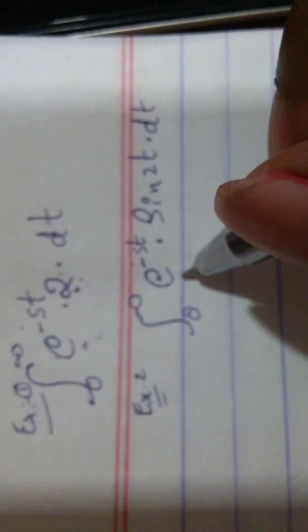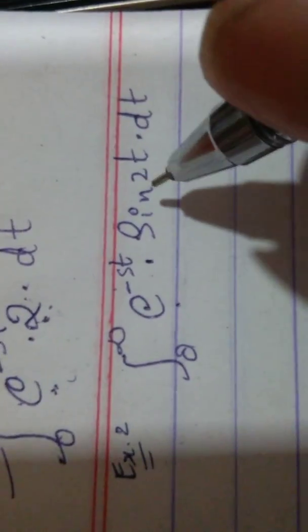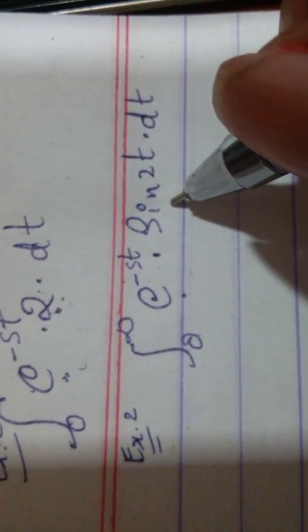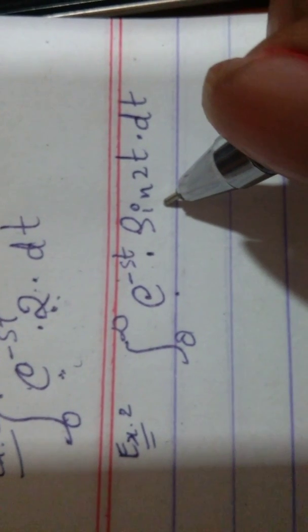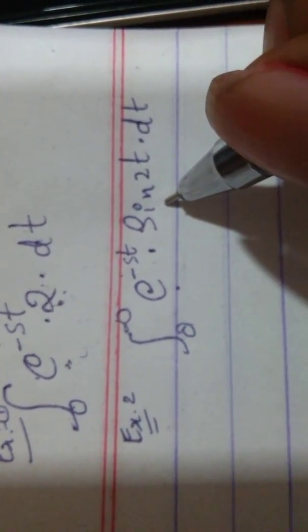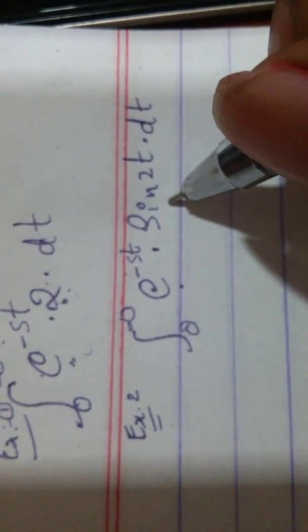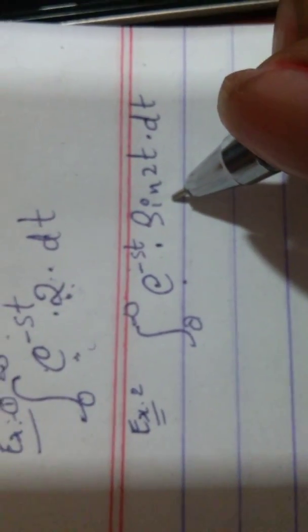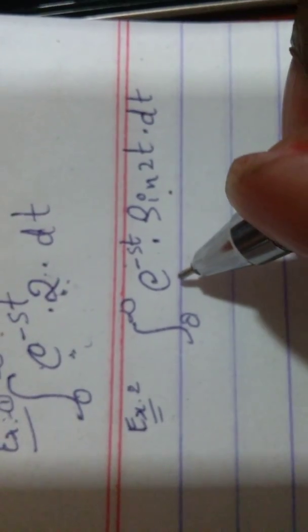Look here, we have two functions. This is the first function and this is the second function. So now we have a problem. Now the time has come for us to use some extraordinary formulas. One of those extraordinary formulas is Bernoulli's rule.